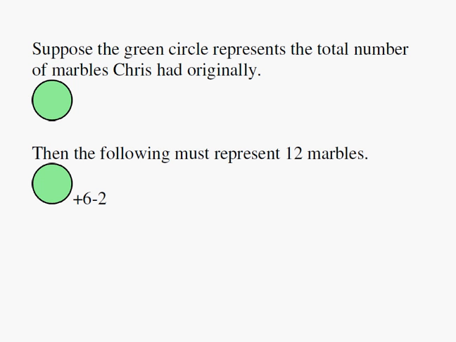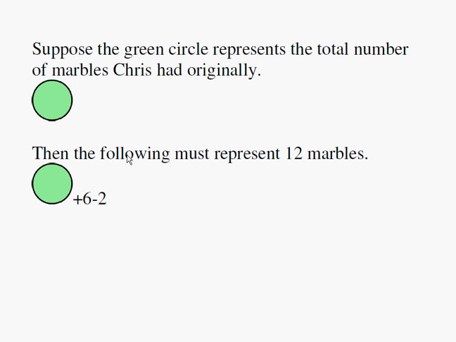Suppose this circle represents all the marbles, not just one marble, all the marbles Chris had originally. Now what happened to Chris? Chris gave 2 marbles to Alex, and he received 6 marbles from Betty. This is simple actually. Let's erase this. So this is what's going on with Chris.